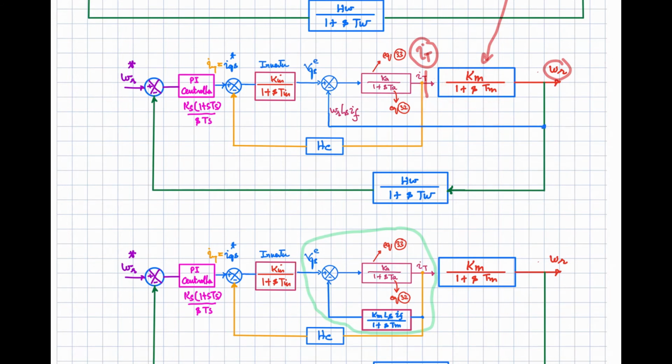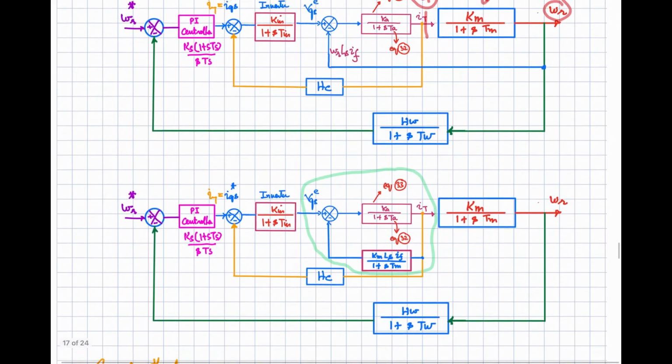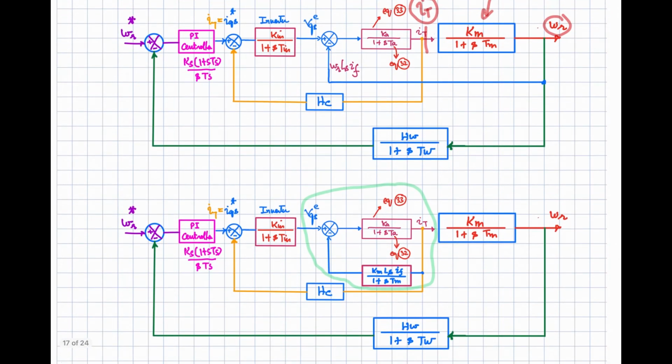So that you can see that if you move this node from here using the basic simplification rules of the control diagram, you will be getting this control loop now. So in this we have shifted this point from here to here. So you have incorporated the effect of this block over here, right? And now you are getting this loop.